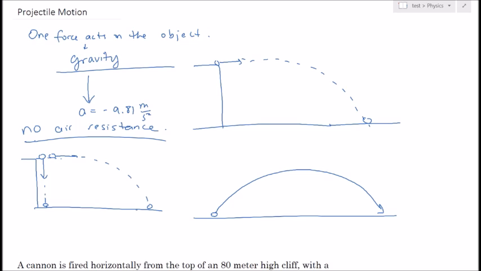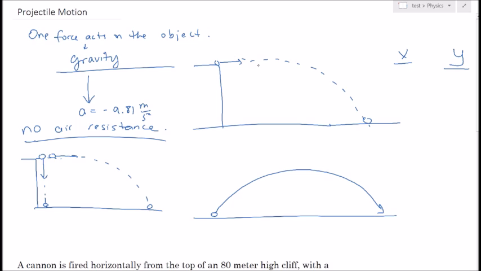So the way we treat these problems is by using two separate motions: the motion in the x direction and the motion in the y direction. We're going to make this the foundation of our work on this particular material. Both of these motions are essentially going to be treated as linear motions.